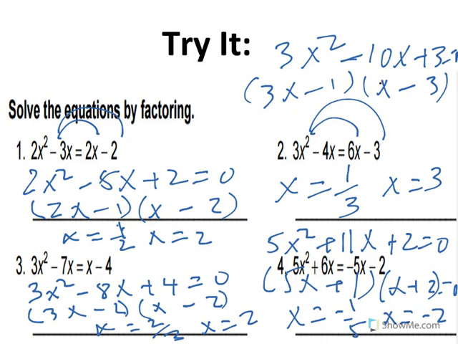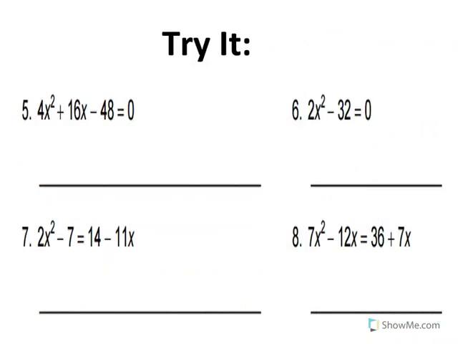Okay, so let's go on to the next one. Can you guys try these out? 4, 16, and negative 8 have a common factor, so we can factor out a 4.